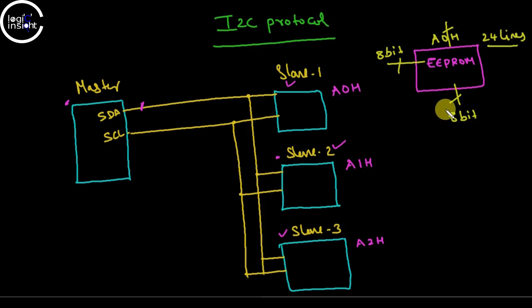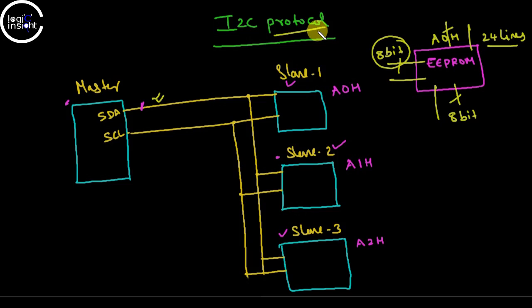But from the previous lecture we already know that these 8 bits can be sent bit by bit, so 8 lines can be reduced to one line. So here one line, here one line and here one line, so 3 lines are enough. But we have only one line here, so how can we send it? That's why, as the protocol name suggests, we have to follow some rules.